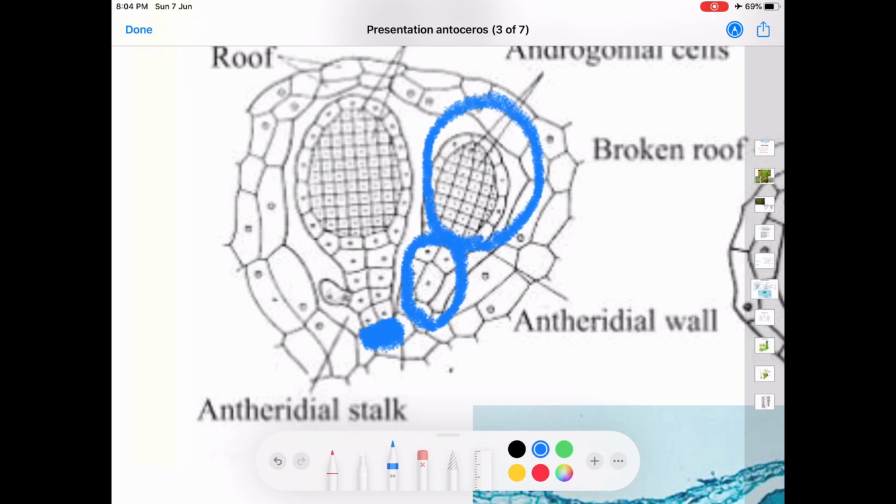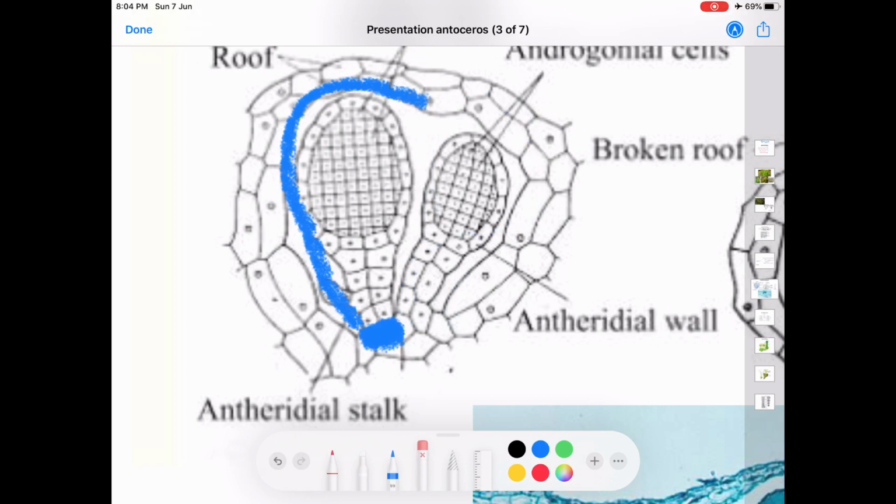See, this is the antheridial chamber. This space is known as antheridial chamber. The antheridium attaches through the stalk to the base of the antheridial chamber.